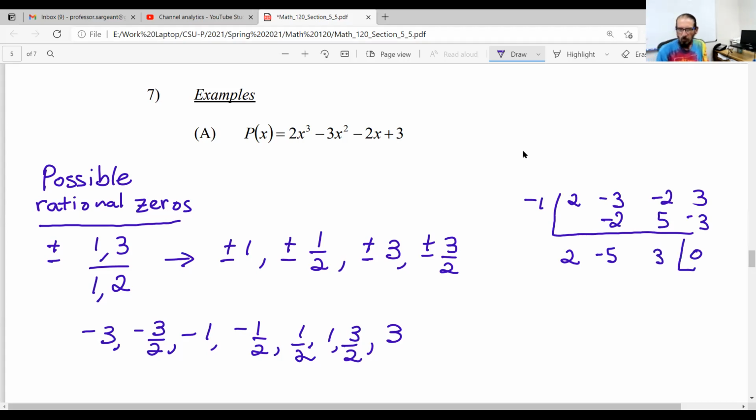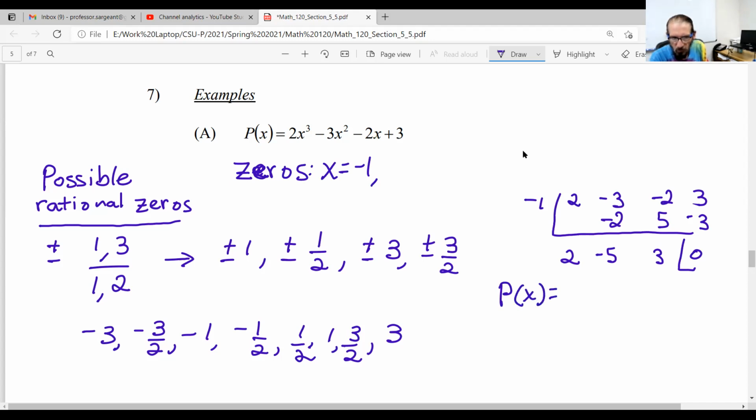This tells me two things. Since I get a remainder of 0, x equals -1 is a 0. And I expect there was going to be more here. But furthermore, it gives me a factorization.